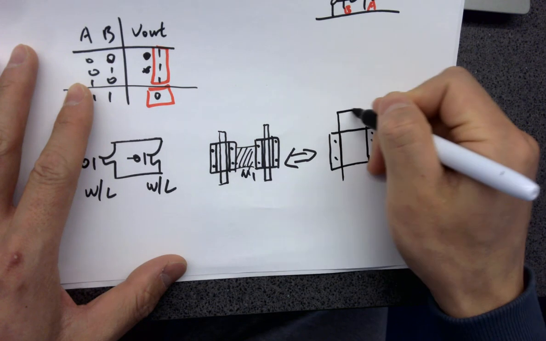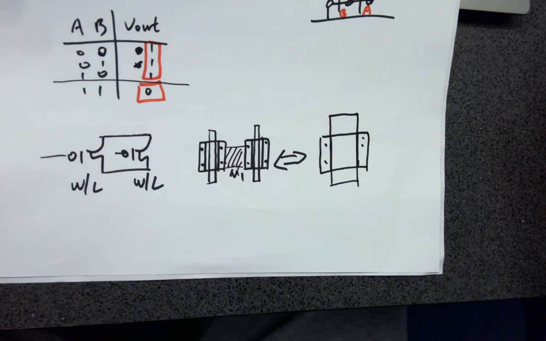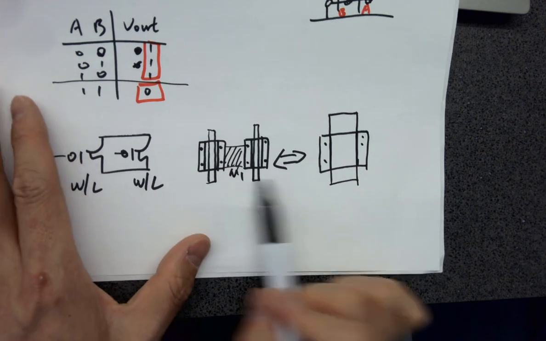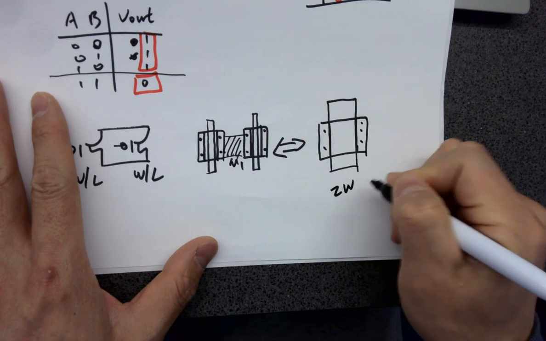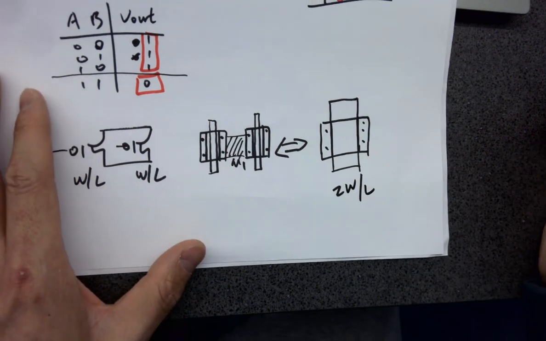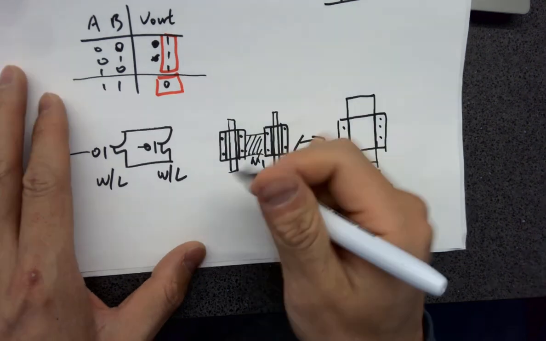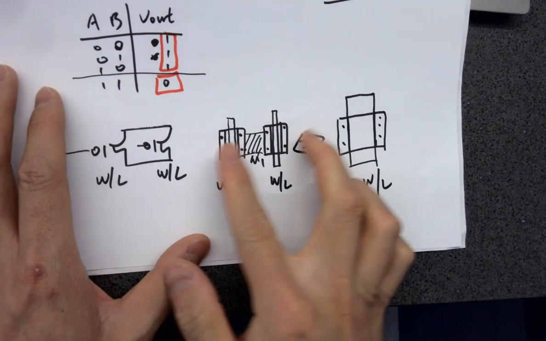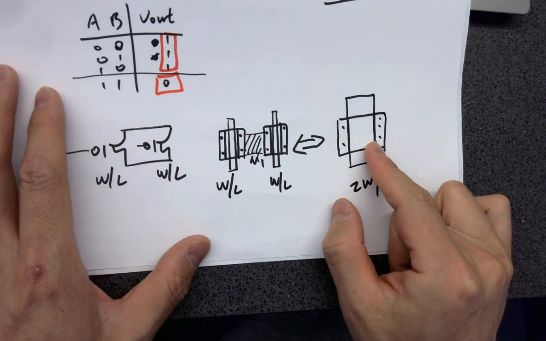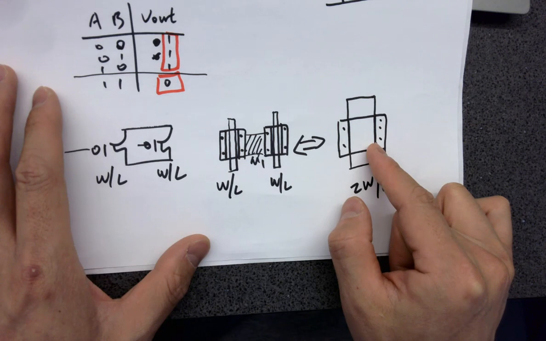So basically I should draw the gate thicker because the gate defines the channel's length. So this is equivalent to one big transistor with 2W over L electrically. Each one is W over L. If I merge them into one big transistor, wait, am I changing?